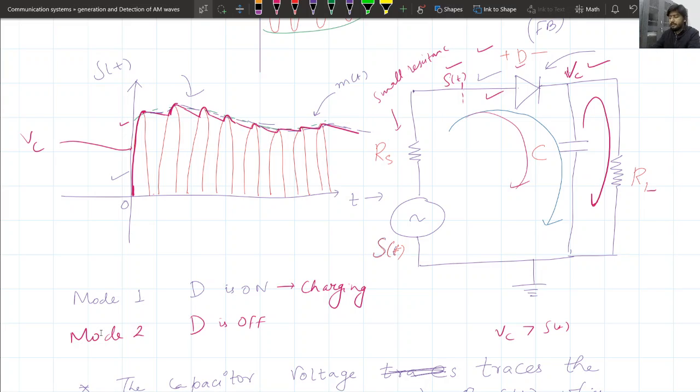Now there are modes of charging as well as discharging.